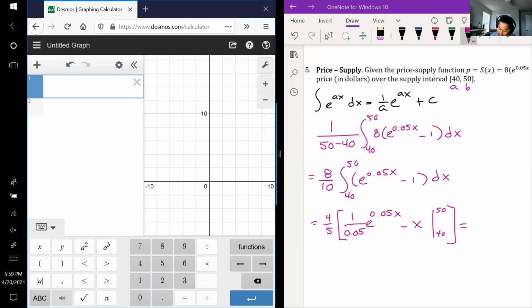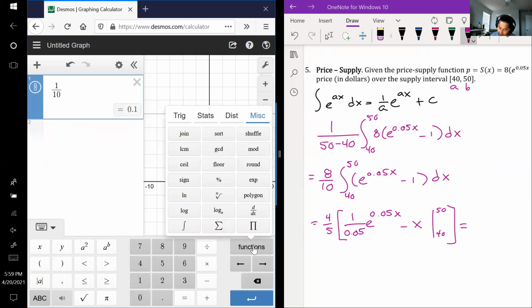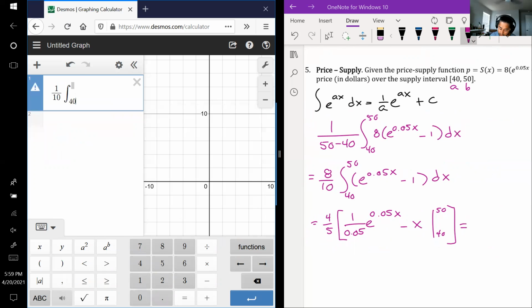And here's what we're going to have. I'll just have it as 1 over 10 times the integral from 40 to 50. Or should I do 8 over 10? I should do 8 over 10, there we go.